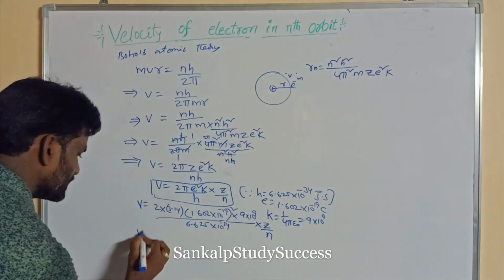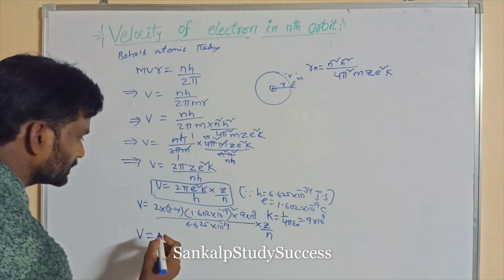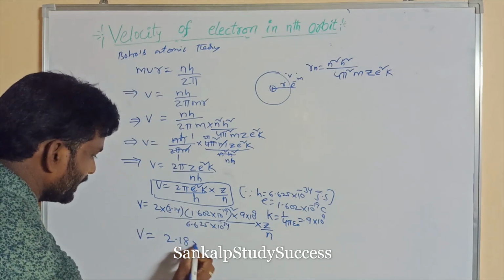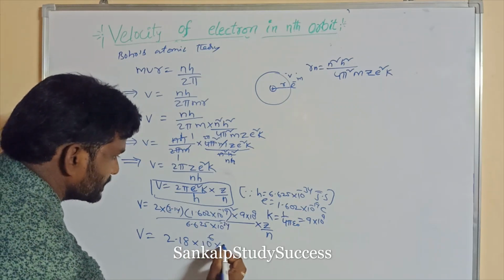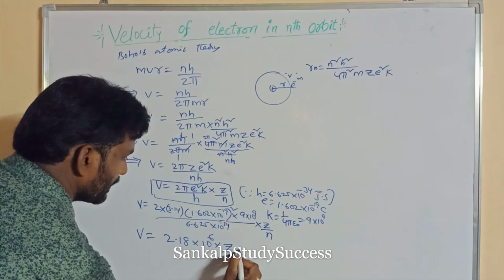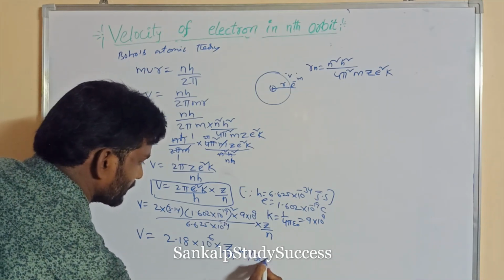So this can be simplified. We got 2.18 into 10 to the power of 6 into z by n meter per second.